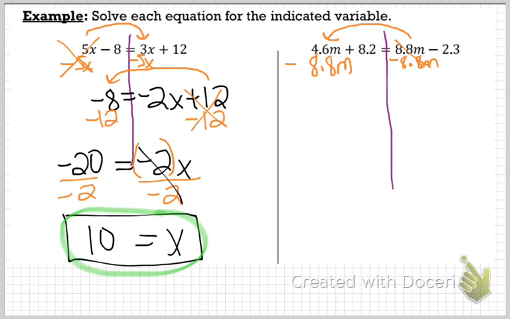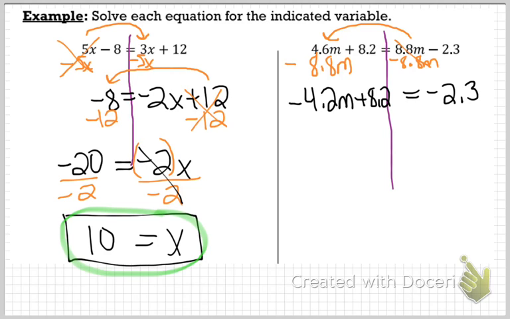So this cancels out, 0 pair. And then we have 4.6 minus 8.8, which gives us negative 4.2 m. Bring down the plus 8.2 equal, and don't forget this guy over here, minus 2.3.